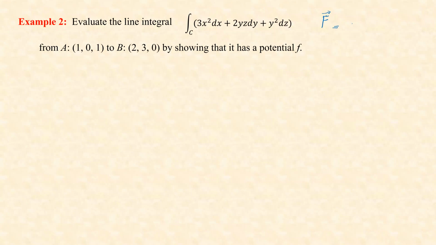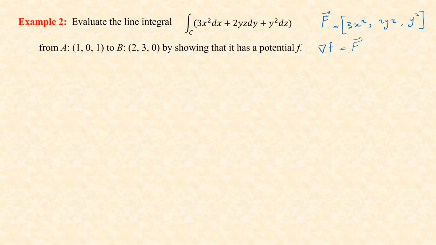The vector field is (3x squared, 2yz, y squared), right? So what is f, where gradient of f is equal to F?